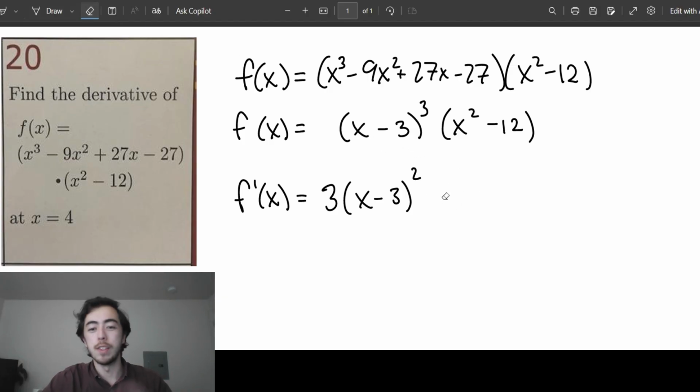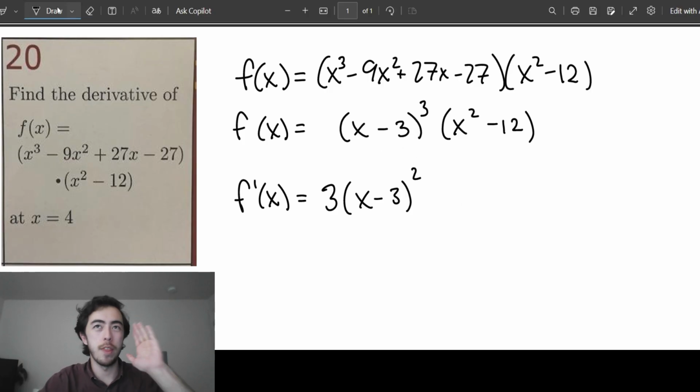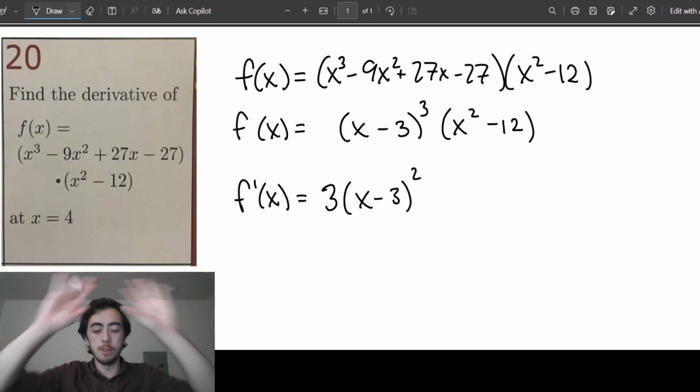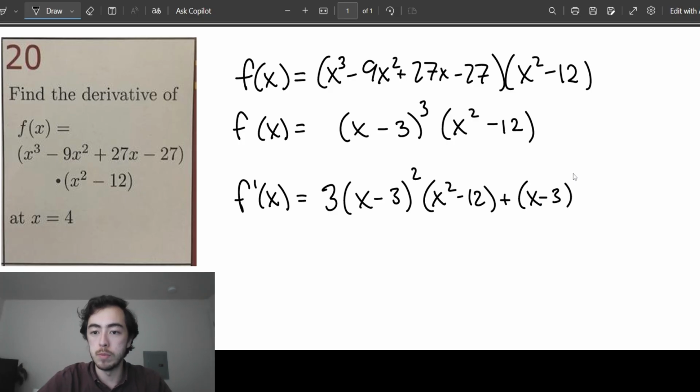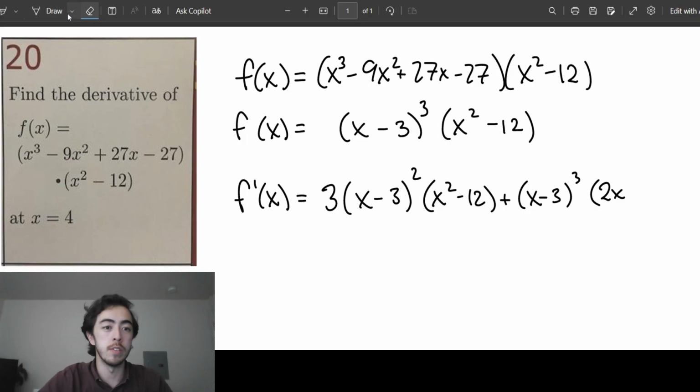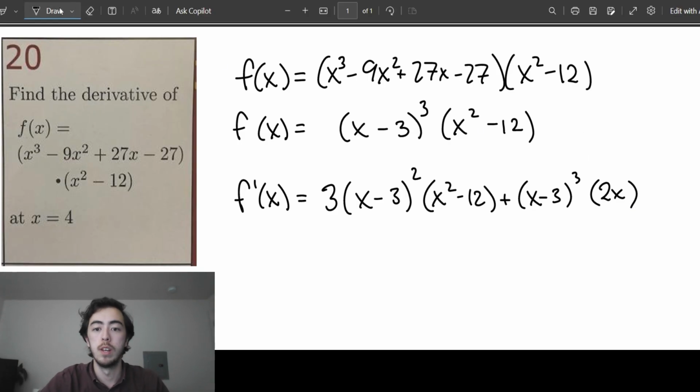Okay, so I thought about my chain rule and my power rule. Back to thinking about the product rule right now. I'll take the derivative of the first times the second as is. Then I'll add the first times the derivative of the second. That's going to be 2x, and then minus nothing, actually, because the derivative of a constant is just 0.